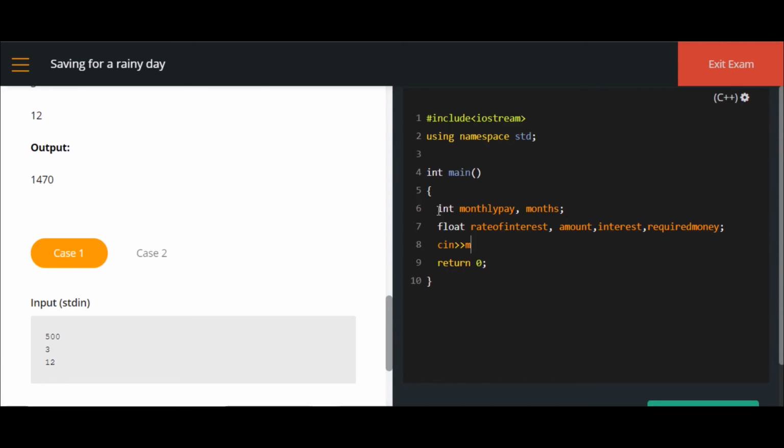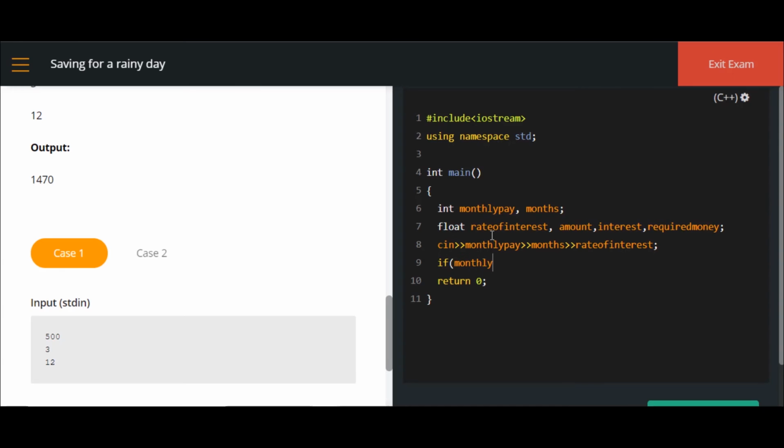Now let's get input from the user. Monthly pay is the first value that he'll give. Second is the total number of months, and then rate of interest. So we have got all three values. Now let's try to handle the constraints.